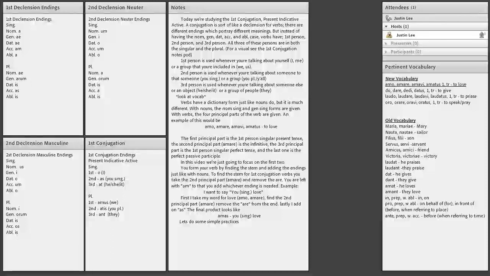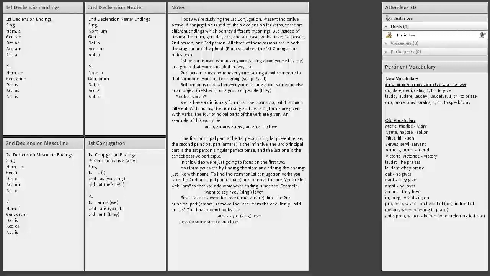For example, if I want to say you love, first I take my word for love, amo, amare, find the second principal part, amare, remove the are, and then lastly, I add on as, which is the second person singular ending, which means you. Now, if we wanted to say you plural, it would have been amatis, but we wanted to say you singular, so it's amas. All right, let's jump into some practices.